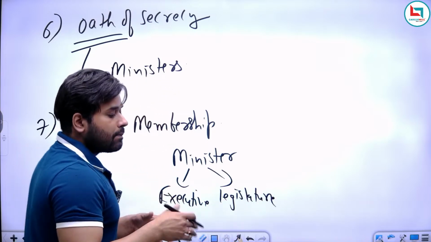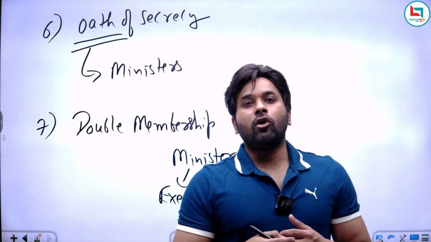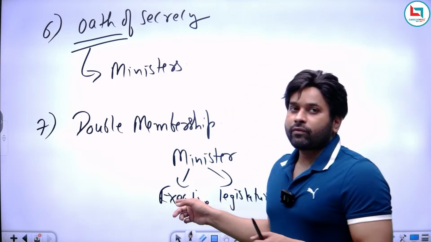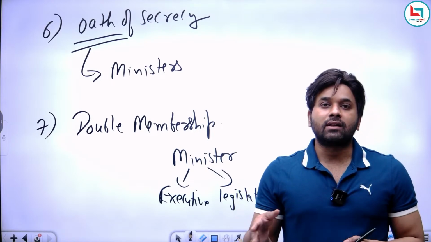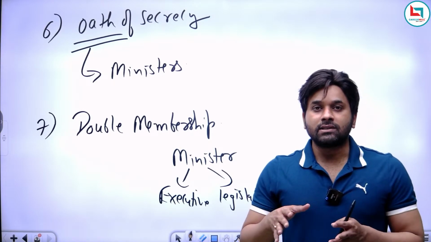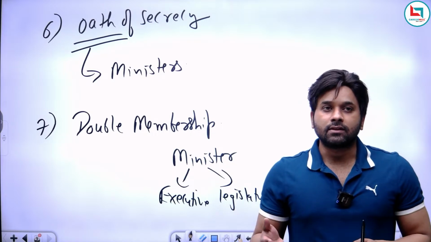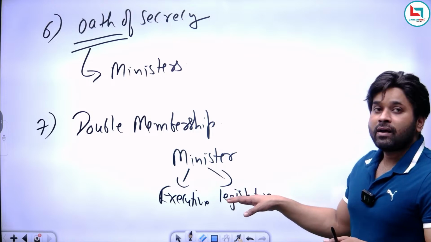Now we can compare this. Let us compare this with our Prime Minister Narendra Modi. We all know Narendra Modi is our Prime Minister. So the Prime Minister is part of the executive. But we also know Narendra Modi is a member of Parliament from Varanasi. Narendra Modi Varanasi ke Sansad hai. Okay, member of Parliament in Hindi is called Sansad. So, as a member of Parliament, he is a member of the legislature.